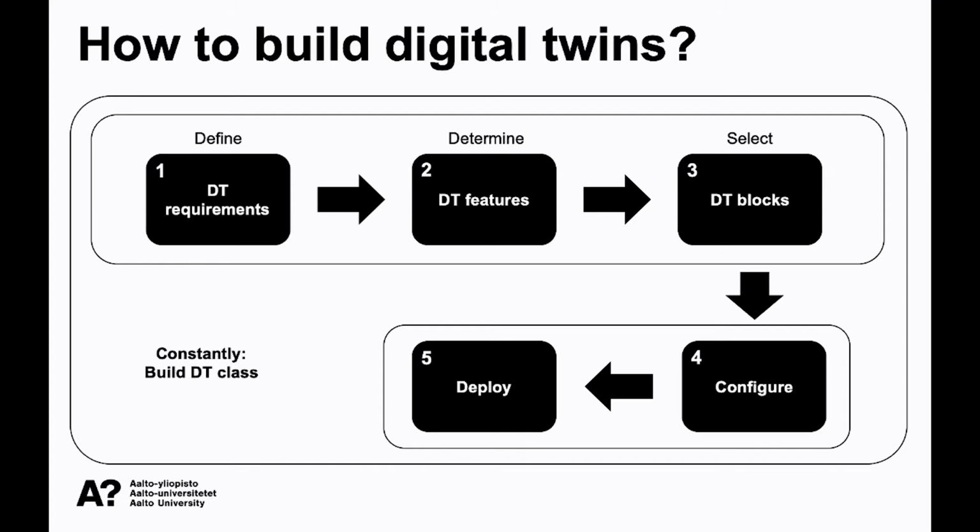They're software, you can use it, and many of them implement different features, and some of them implement many features. But when you have defined your digital twin features, you can see what kind of digital twin block you need, and then it's easy to select what software to use.